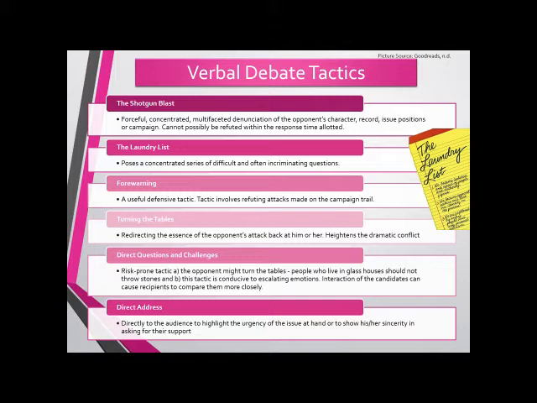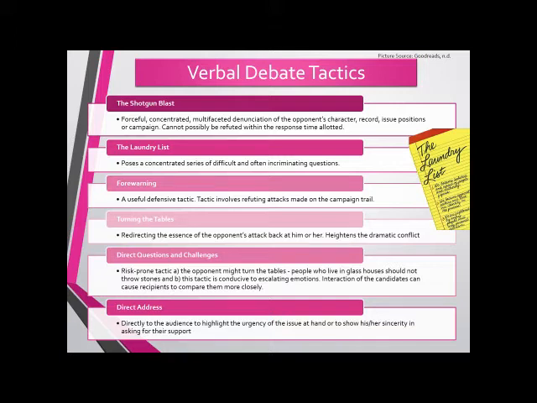Just a word of warning, you do not have to learn off by heart every single one of the 30 tactics that they actually propose here to you. It would be lovely if you could just remember 5 or 6, so if you are ever in a debate setting that you can maybe outmaneuver your opponent a little bit.